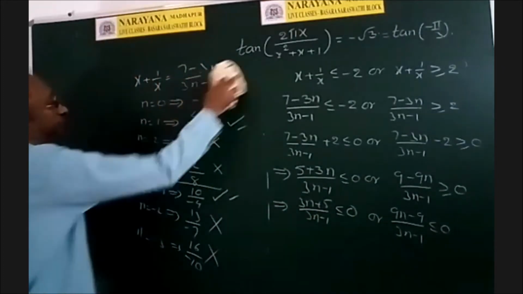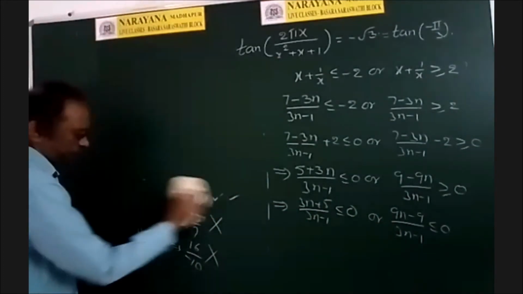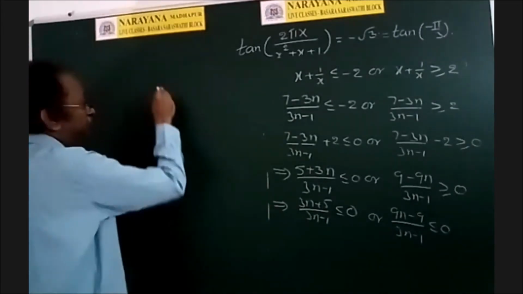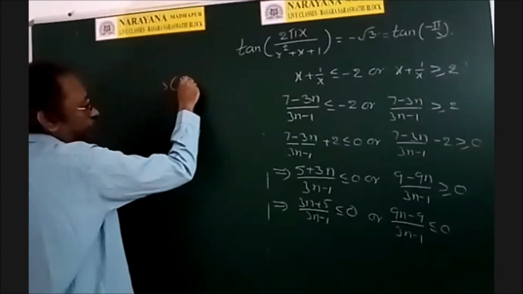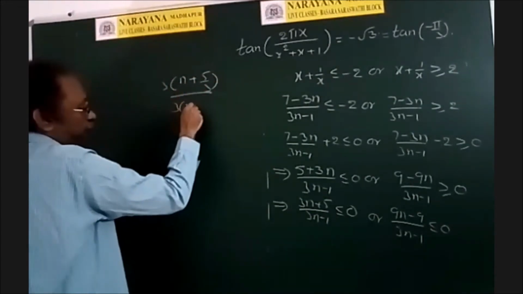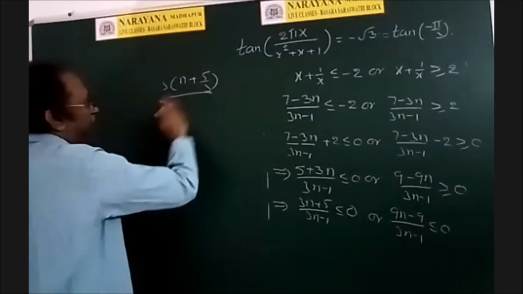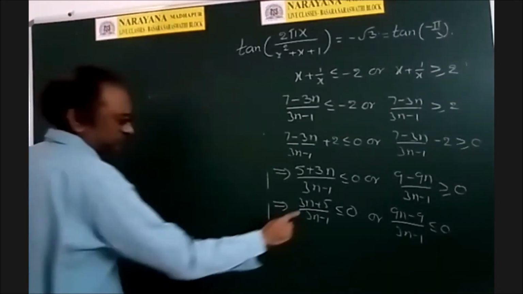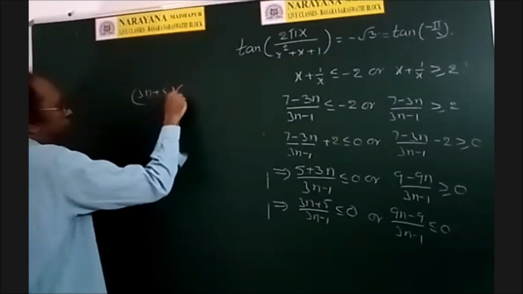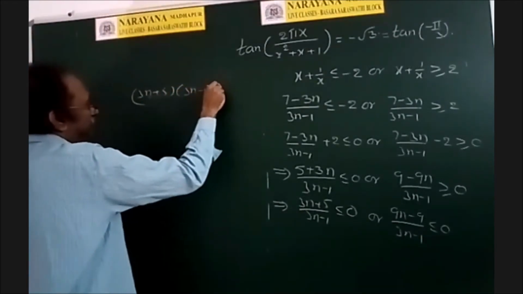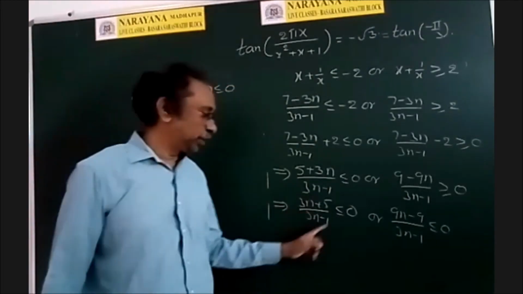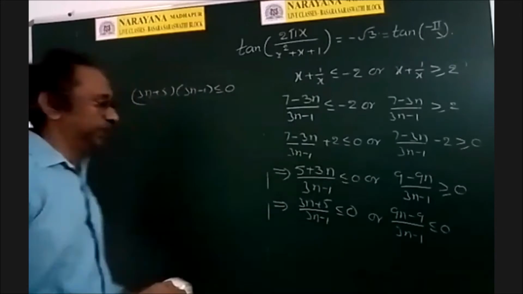Now let us verify. He has given 5. Whether we are getting 5. So this one, (3n plus 5)/(3n minus 1) less than or equal to 0, or you can write it like this, (3n plus 1)/(3n minus 1) can be written like this also, because if the ratio is negative, the product is also negative.